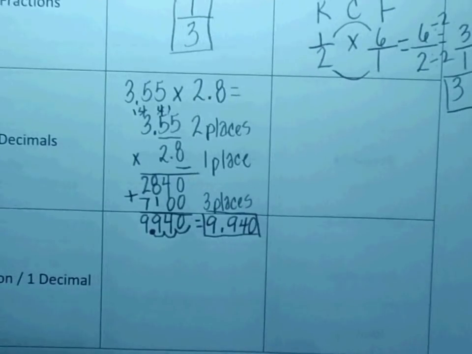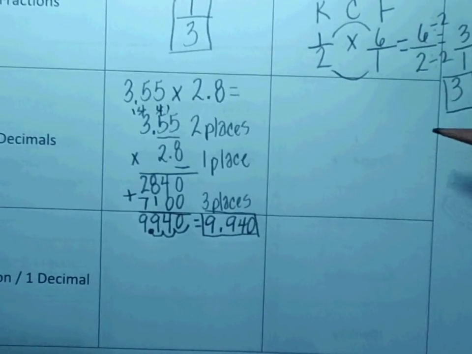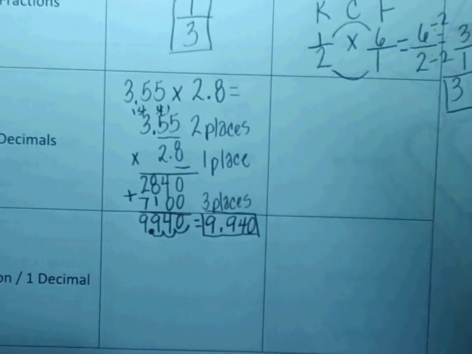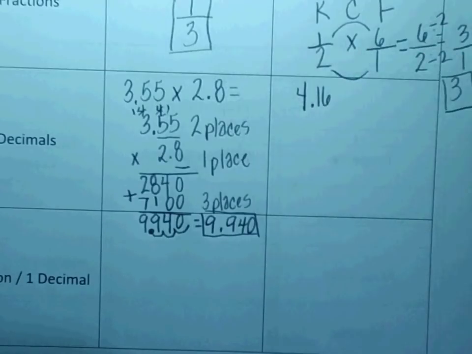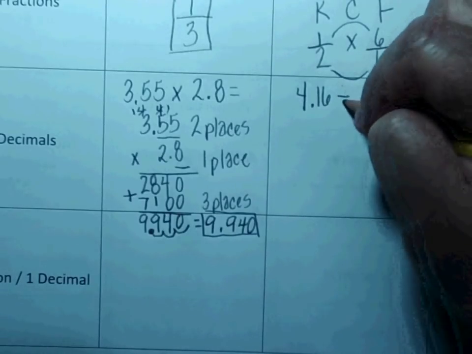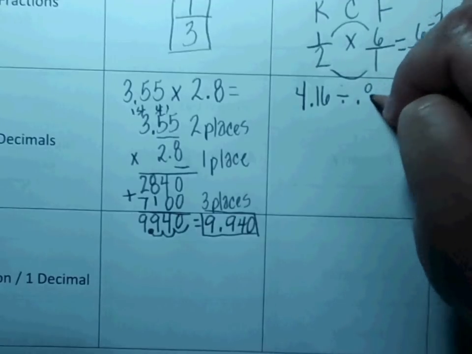Alright, on the next column, we're going to be dividing two decimals. And so our decimals are going to be 4 and 16 hundredths divided by 8 tenths.